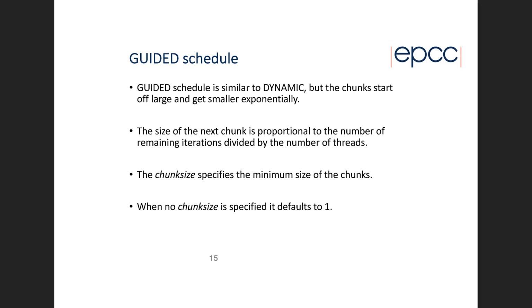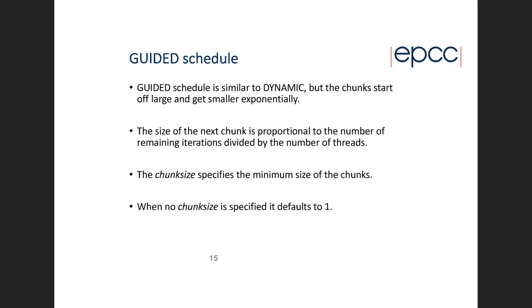More formally, the specification says that the size of the next chunk is proportional to the number of remaining iterations, so the iterations that haven't yet been assigned to a thread, divided by the number of threads. So chunks start off big, and as the number of remaining iterations decreases, so do the chunk sizes.